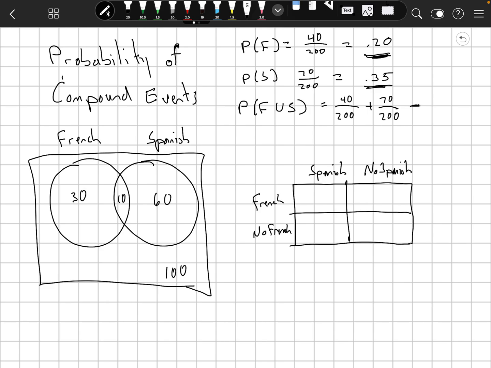We've counted in the French and in the Spanish. So we're going to minus 10 out of 200. Let's go ahead and add this up. 40 plus 70 is 110, minus 10 is going to be 100 out of 200, which is 50%. So you can see that the 50% is not the sum of these two in this particular situation.